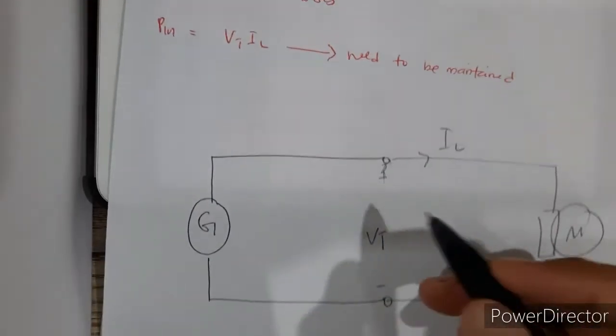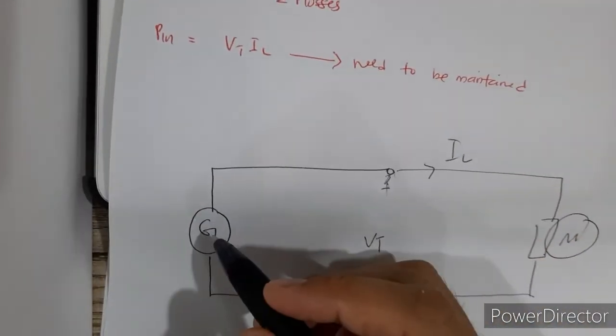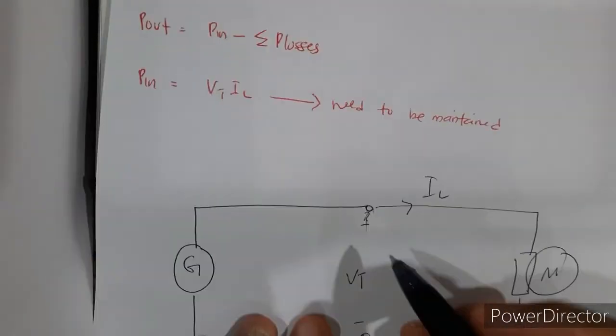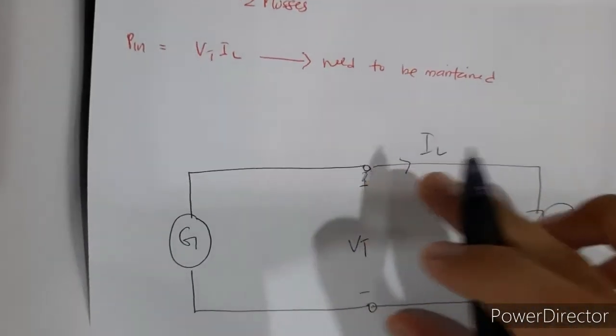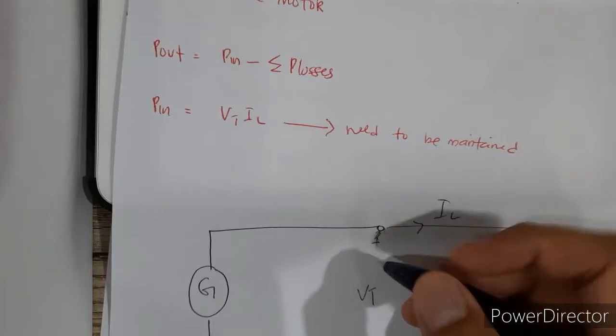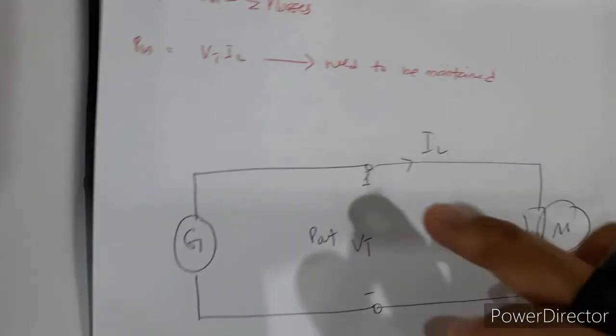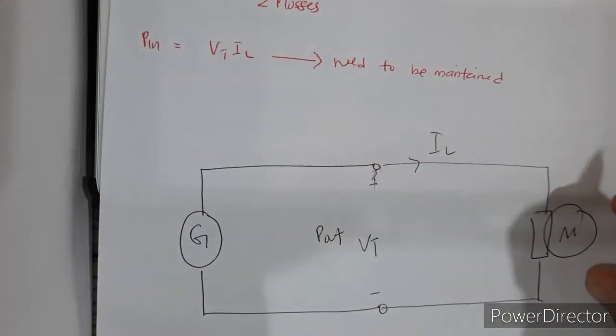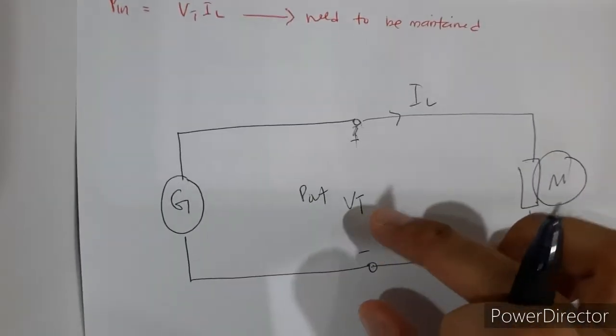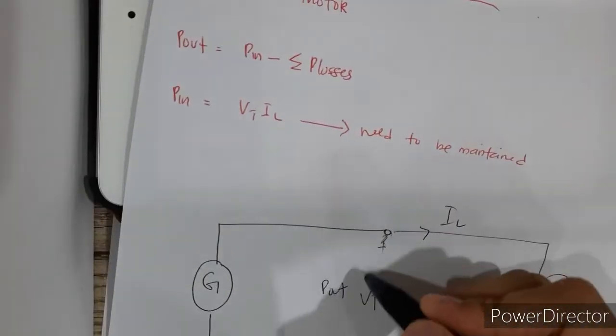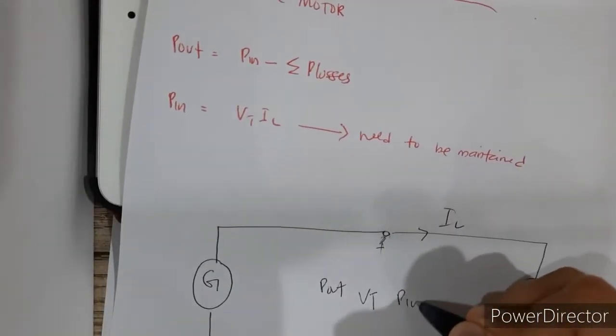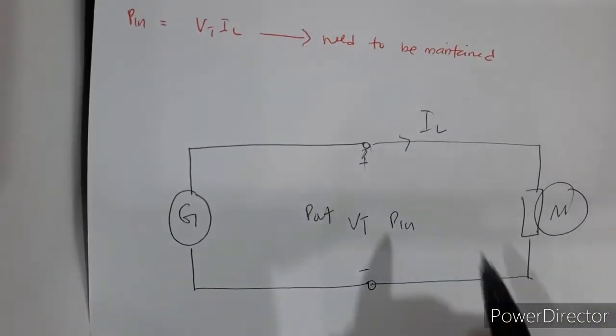So this one is P out for the generator, but P in for the motor. So P out is fixed on VT IL, and P in for the motor is also fixed on VT IL.